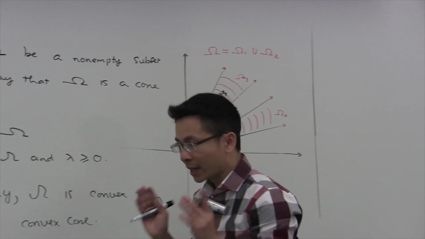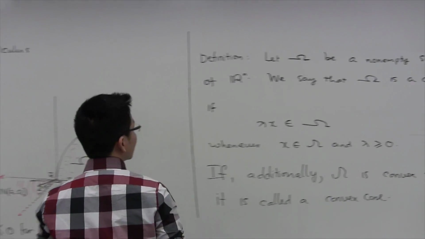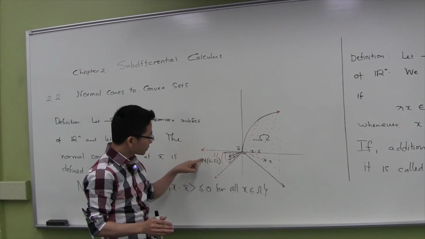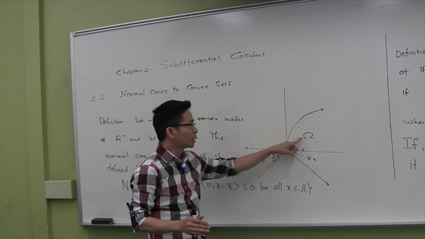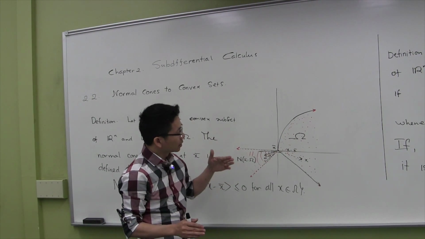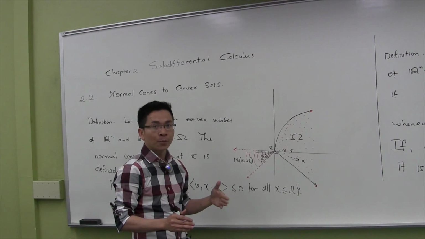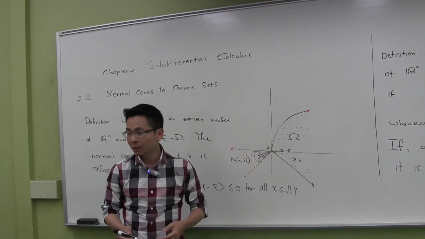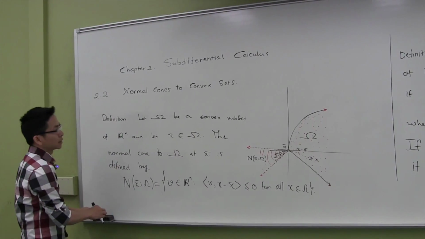Okay, so in the next proposition, we're going to show that the normal cone to a convex set at a point is always a convex cone. Moreover, it is closed. So let me go ahead and present the proposition.